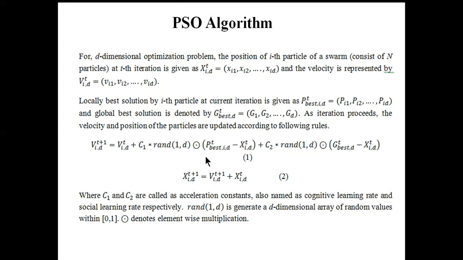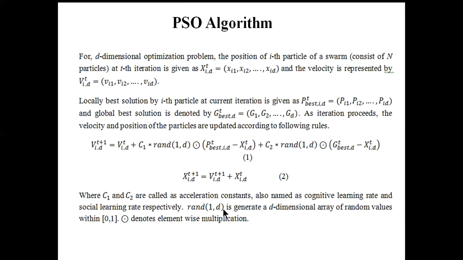And this one is related to the local best solution, so I call it the cognitive learning rate. And this is called element-wise multiplication of matrices. It is simple multiplication, but as this one is a matrix and this one is also a matrix, if you want to multiply them, we use element-wise multiplication of matrices.